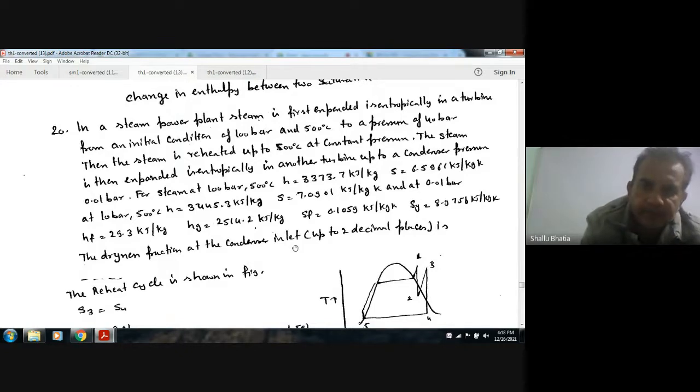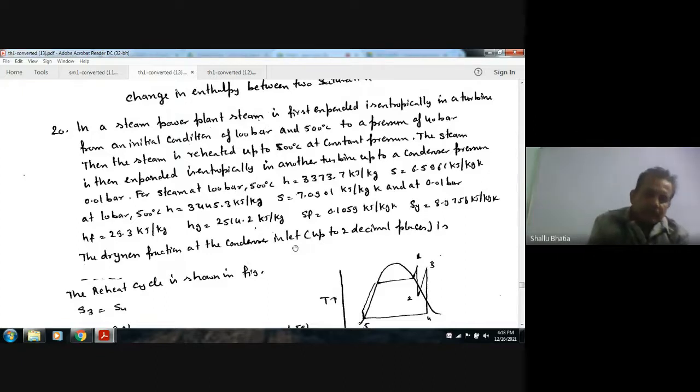And at 0.01 bar, Hf is 29.3 kilojoule per kilogram, Hg is 2514.2 kilojoule per kilogram, Sf is 0.1059 kilojoule per kilogram per degree Kelvin, Sg is 8.975 kilojoule per kilogram per degree Kelvin. Find the dryness fraction at the condenser inlet up to two decimal places.